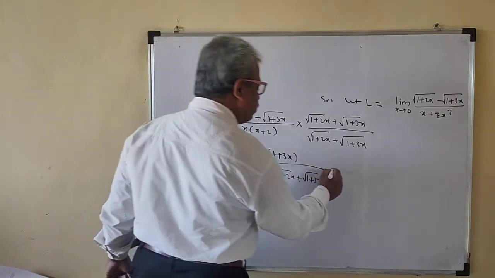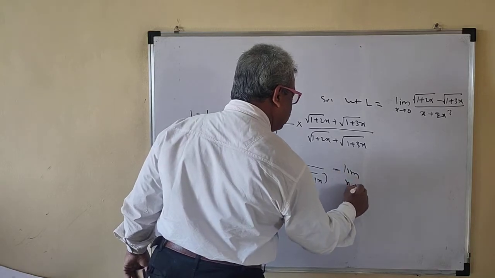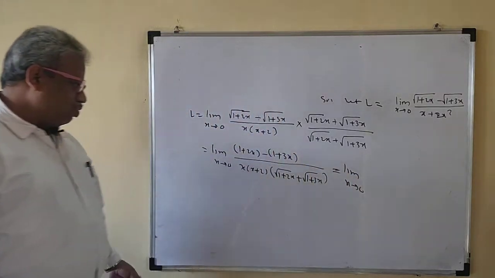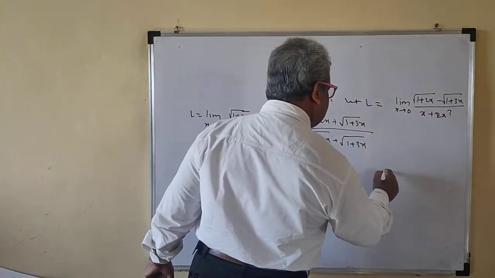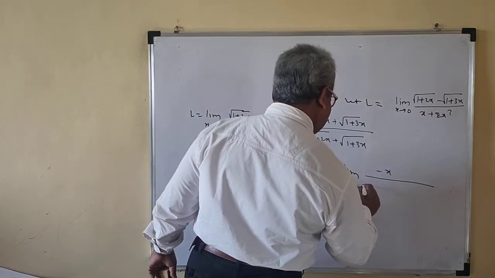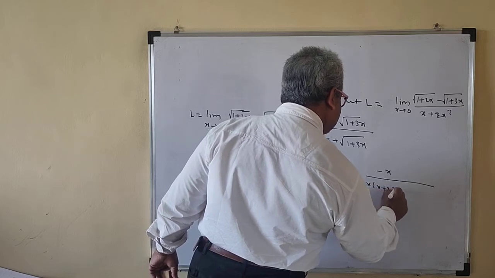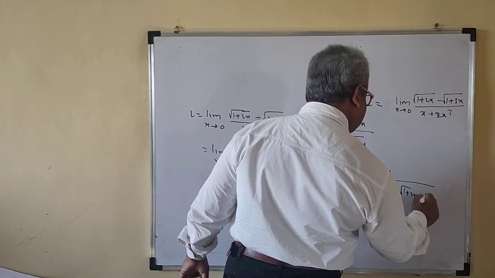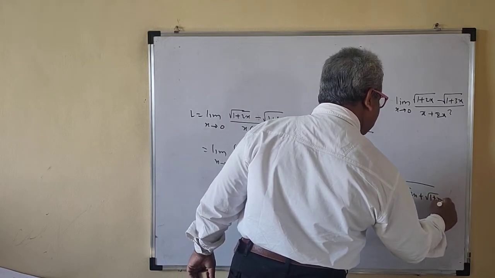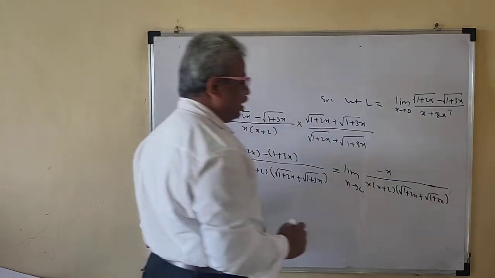So if you simplify this, 1 gets cancelled and this is minus x now. This is minus x upon x into x plus 2 into root of 1 plus twice x plus root of 1 plus 3x. The bracket is complete now.